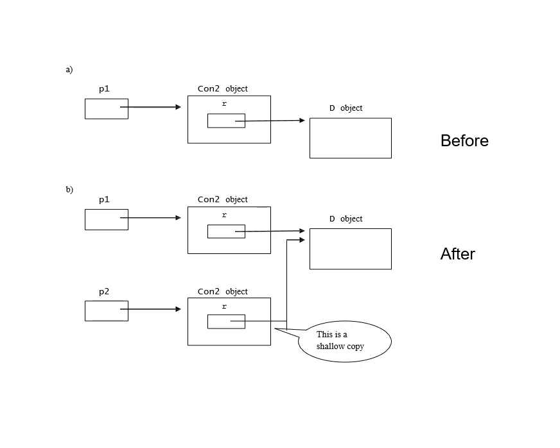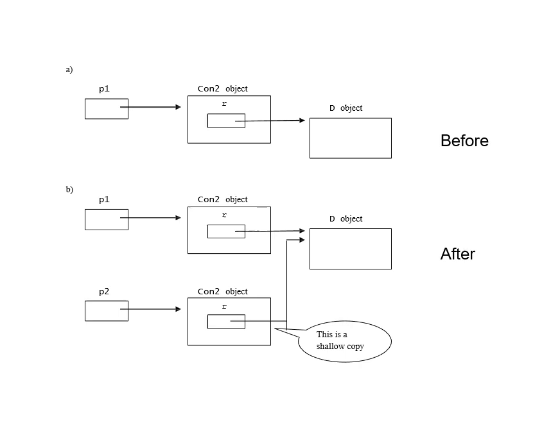But the R fields will point to the same D object, because you're just copying that pointer. If you do exactly what we did in the previous one, you get this structure in which the two Con objects point to the same D object.